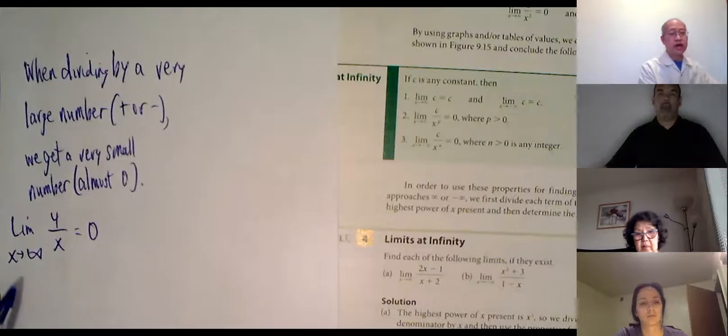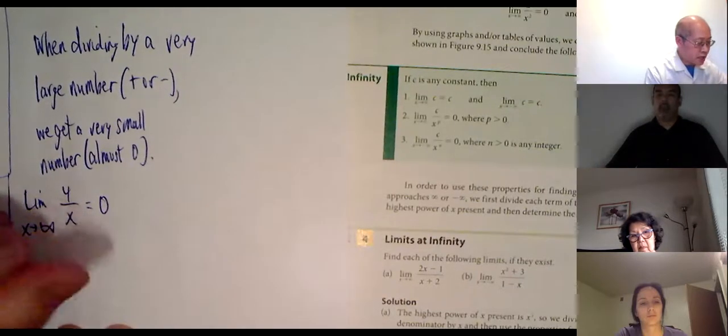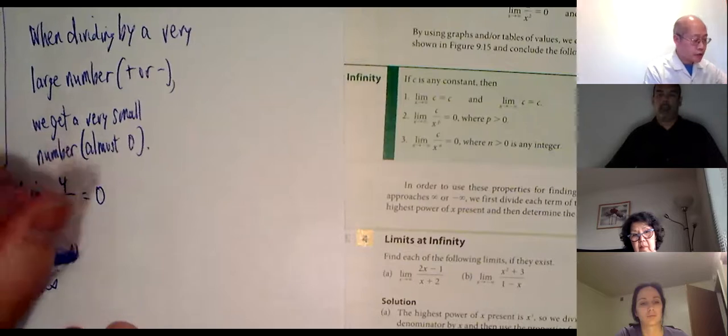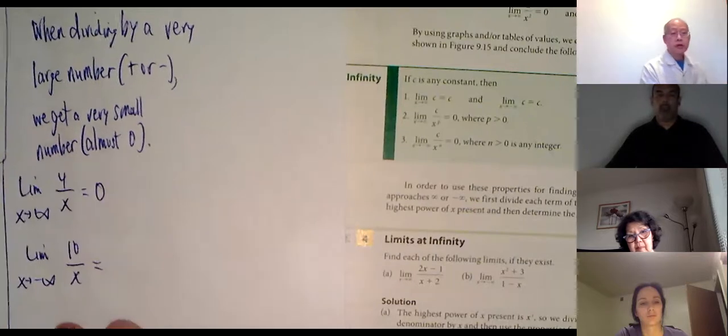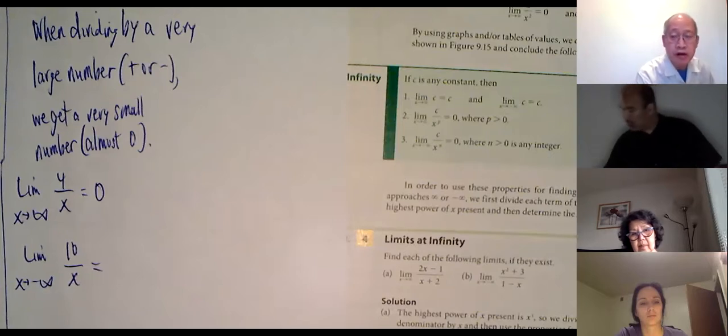And the same thing is true if I have a negative infinity. So limit as x approaches negative infinity of, I don't know, 10 over x. Okay. So 10 over negative a million, 10 over negative a billion, 10 over negative a trillion. It's a very small negative number, but it's still like negative 0.00001.